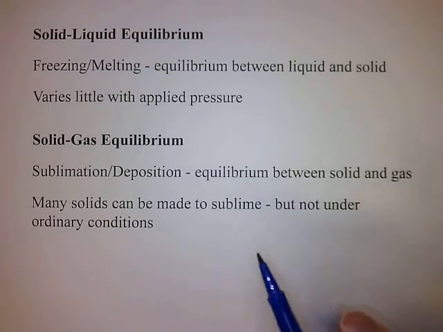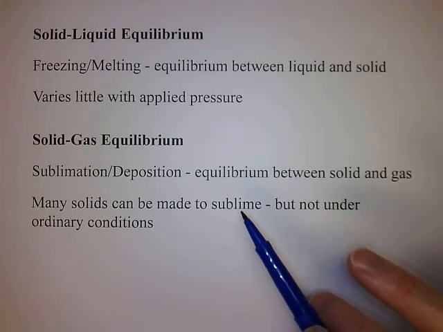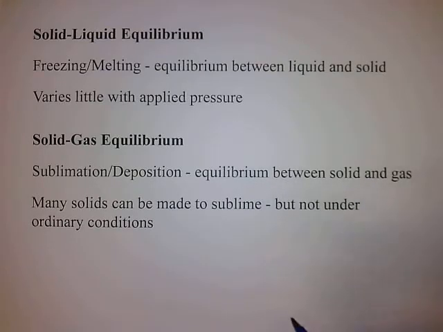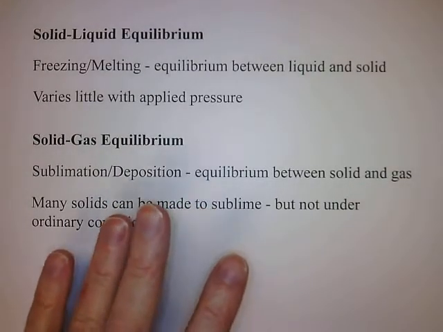Just like, for example, you can make water boil at a lower temperature by reducing the pressure. You can also make ice sublime by reducing the pressure, but you have to go to a really low pressure.